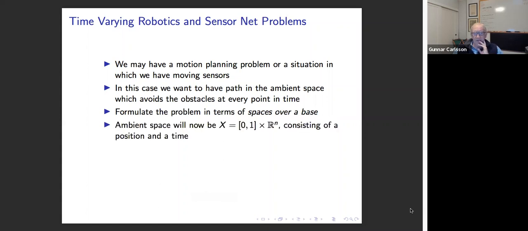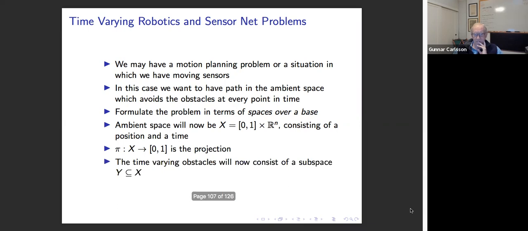The ambient space will now be X, the product of the interval 0,1 with Rn, consisting of a position and a time. So pi from X down to 0,1 is the projection. And the time-varying obstacles will now consist of a subspace Y contained in X, which itself then has a projection down to 0,1.